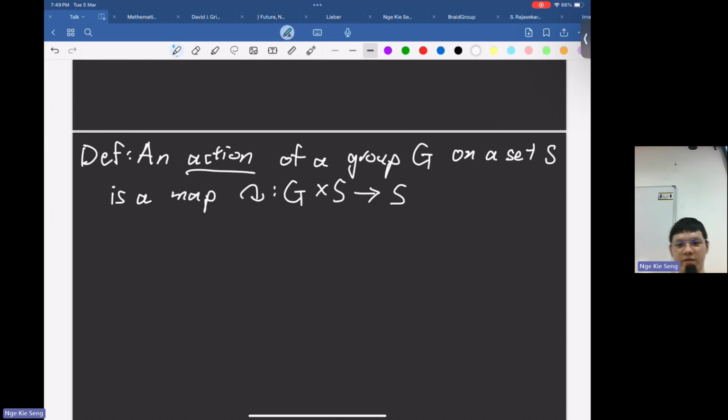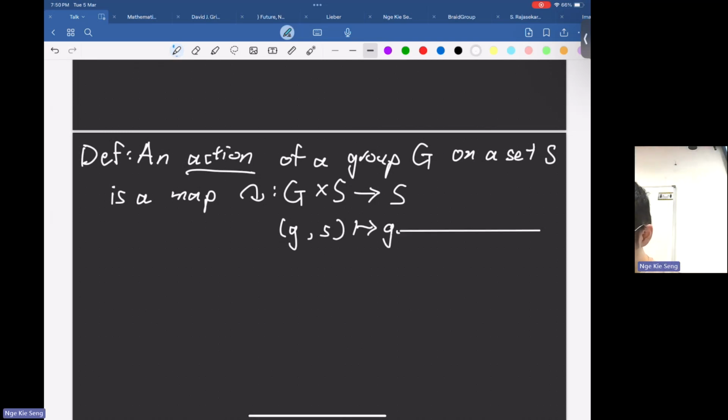Again, a function of two variables here. Of course, it's not a general map we want to consider, so it has to satisfy some properties. If I write it in element form, I will send (g, x) to g acting on x, which is some x prime here.